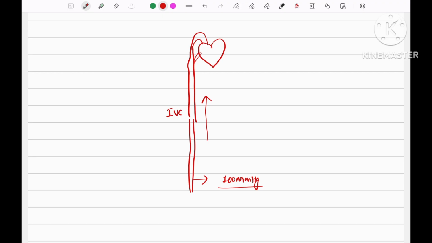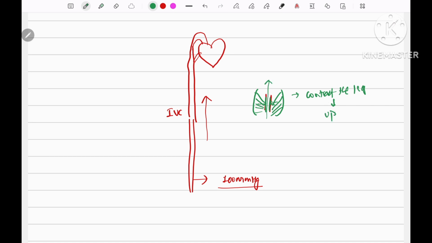What is it? These veins are surrounded by strong muscles, and when we walk, or when we contract the leg muscles, these muscles get contracted, and this leads to the compression of the vein, and the blood within the vein is pushed upward.